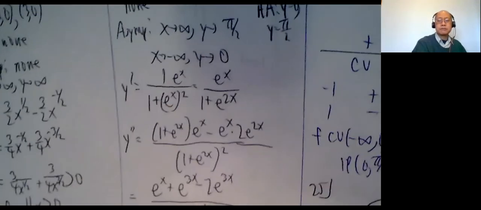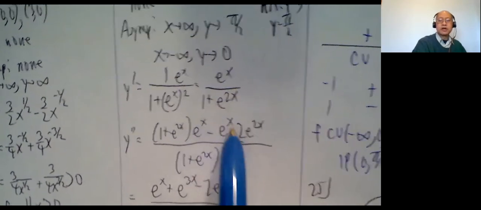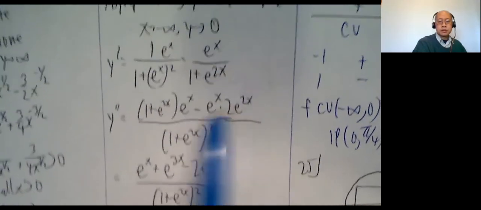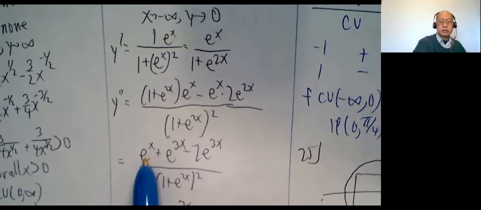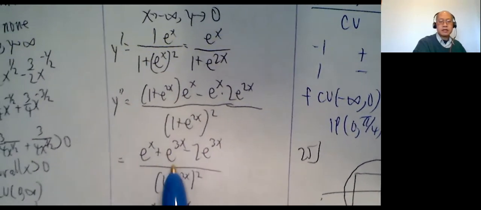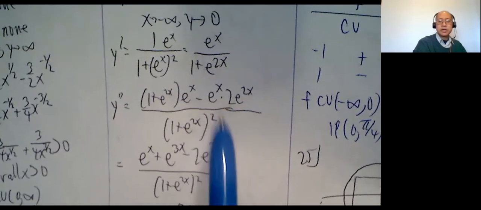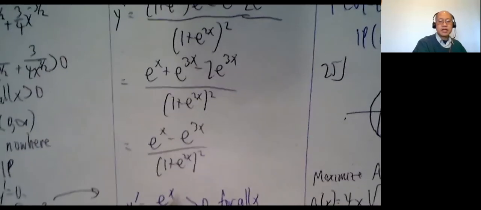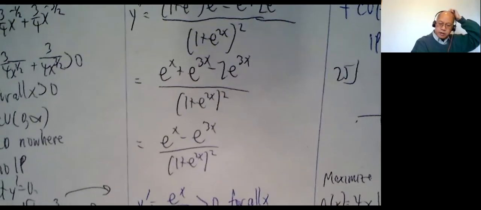The derivative of 1 is 0, the derivative of e to the 2x is itself times 2. Cleaning this up, distribute e to the x times 1. E to the x times e to the 2x is e to the 3x, minus 2 e to the 3x. Which gives me e to the x minus e to the 3x over 1 plus e to the 2x squared.